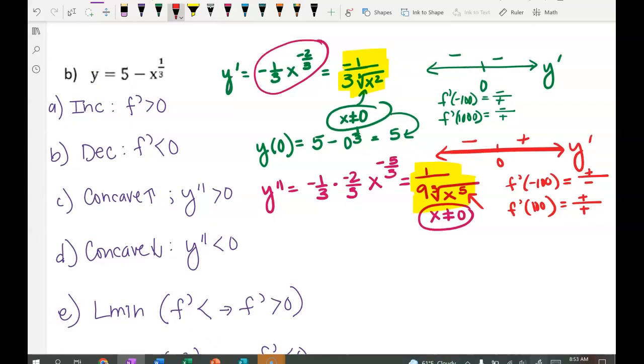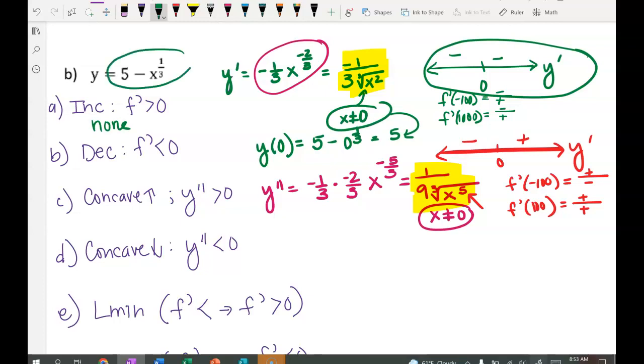Okay. All right. Increasing is when the first derivative is positive. So as you look at this, the derivative is never positive, so this would never be an increasing function. So the entire way, guys, it's always a decreasing function, and it's probably because of the cube root, okay?